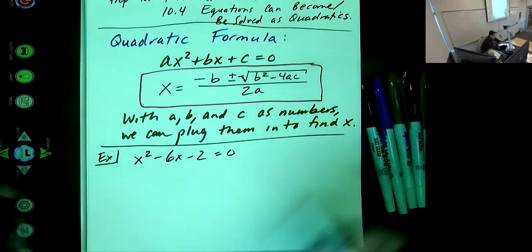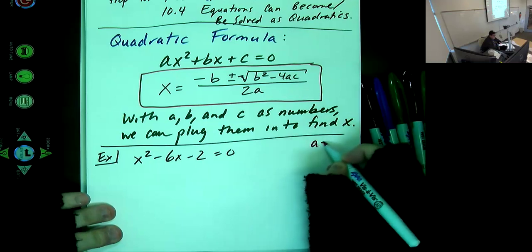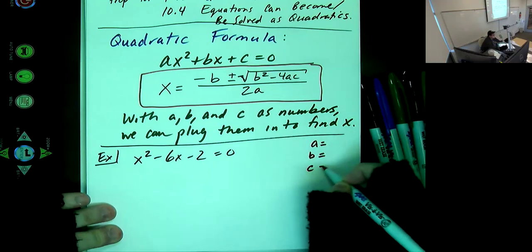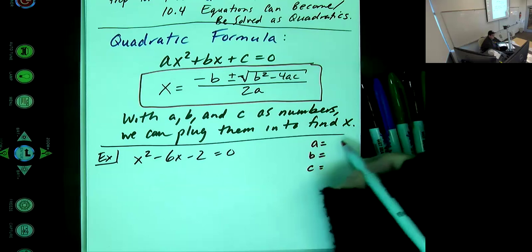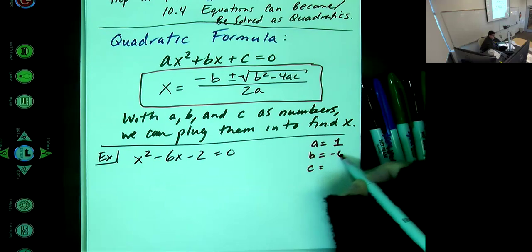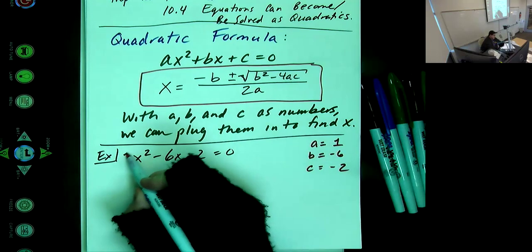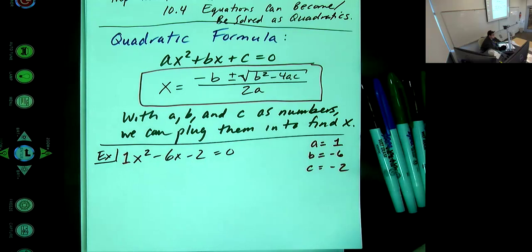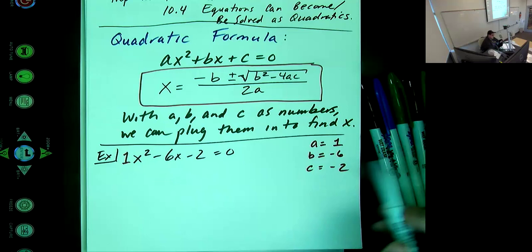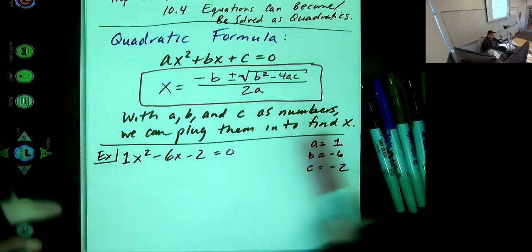So what does a equal, what does b equal, and what does c equal here? a is 1, b is -6, and c is -2. Does everyone see that? Even though we don't see the 1, there is a 1 here. It's the hidden invisible one. So that's what we're going to plug in.